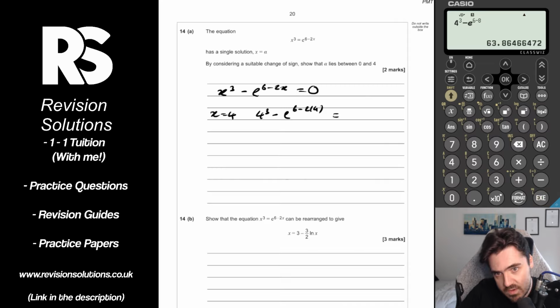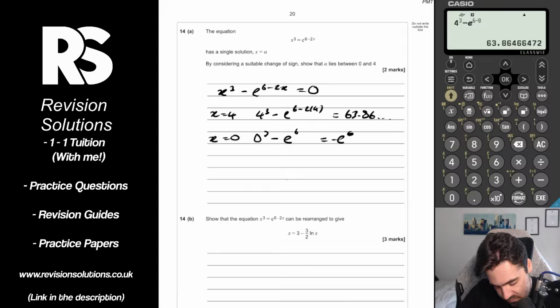That's 63.86. And then if we plug in x equals 0, then we're going to get 0 cubed minus e to the power of 6 minus 0. So just minus e to the 6, which is negative. So change of sign. Therefore, root between 0 and 4, or in this interval.